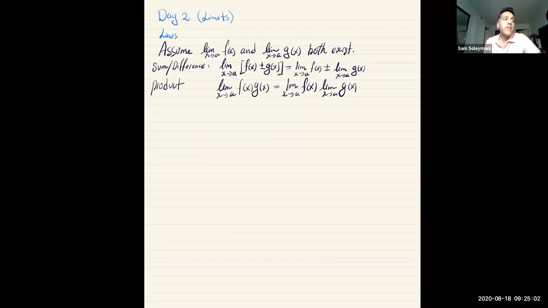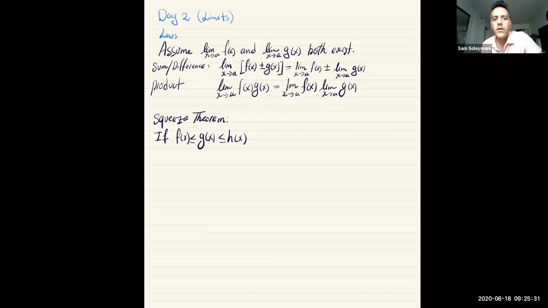And it says that if you have a function g of x that's bounded by two functions, the lower bound of g of x is f of x, and the upper bound of g of x is h of x. Oh, my screen froze. Here we go.